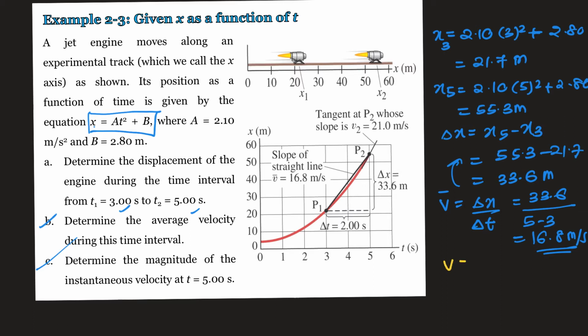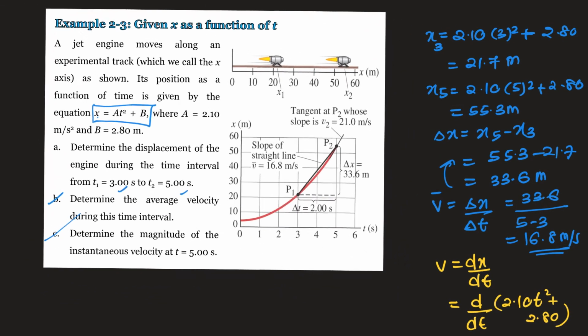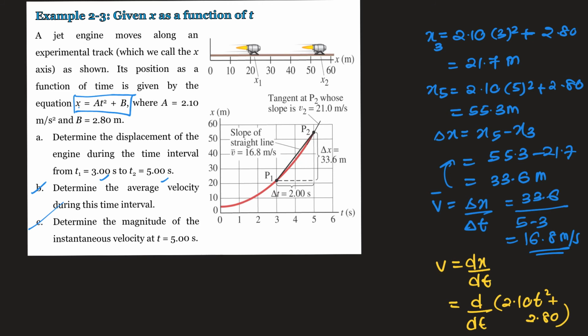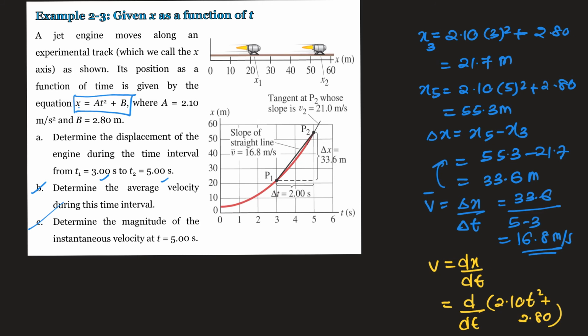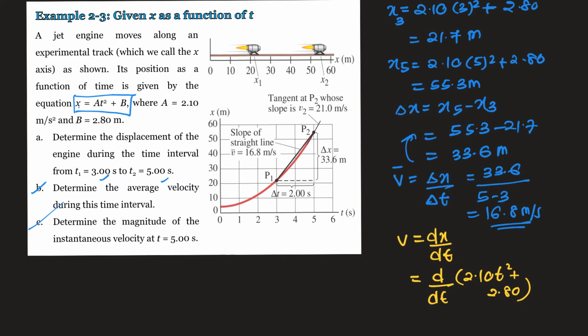So you have average velocity, which is ds over dt. So here you are going to differentiate the ds over dt here, which is a, 2.10 t squared plus 2.80. Okay, sorry.